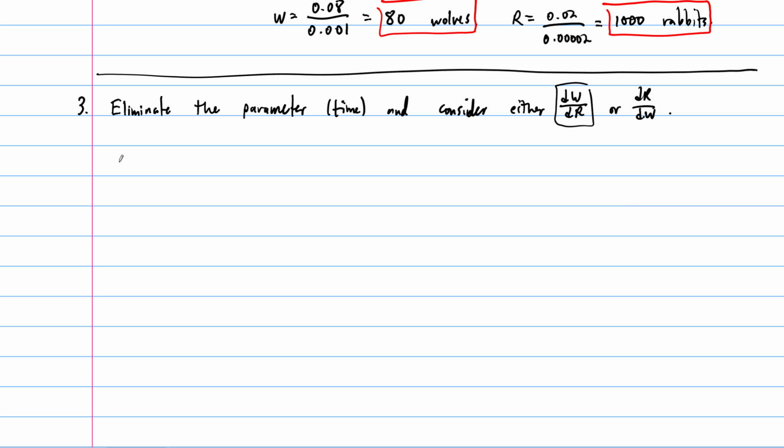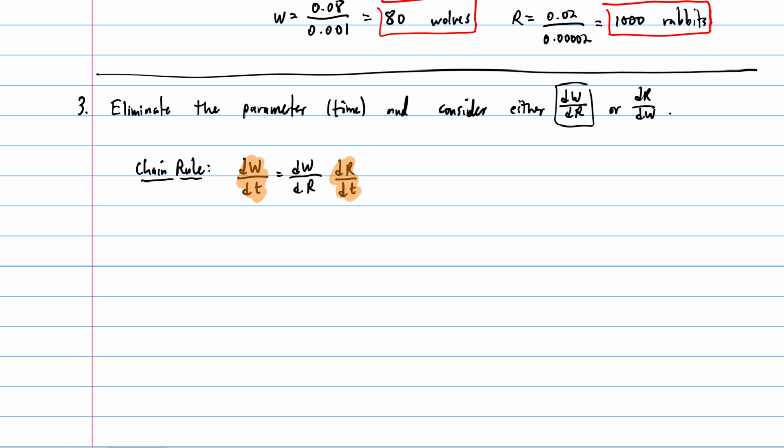Well, the first thing we need to do is recall the chain rule. So we've got the chain rule. This says that dW by dt is equal to, if we believe that the wolf population depends on the rabbit population, then this is going to have to be dW by dr times dr by dt, the change in the rabbit population. And we have equations for the outer ones, dW by dt and dr by dt.